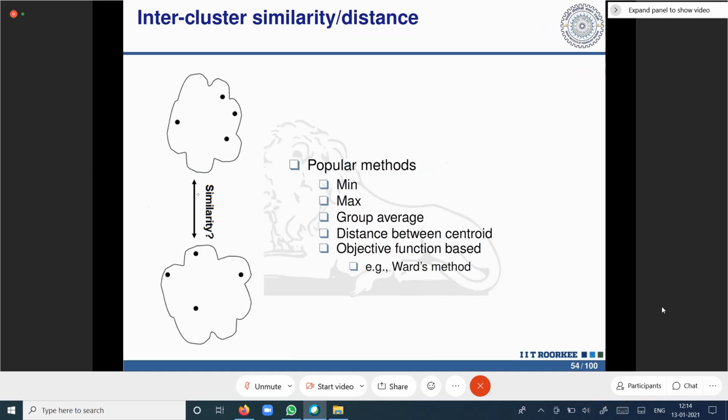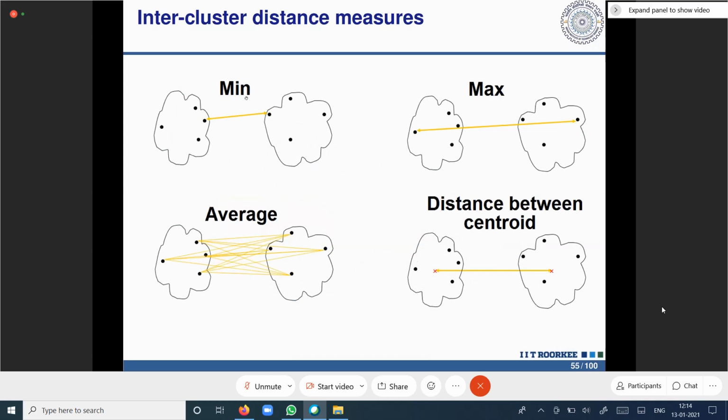So let's say you have these two clusters. This cluster has 4 points, and this has again 4 points. How do we define similarity or distance between them? There are some methods that have been proposed. The popular ones are min distance, max distance, group average, distance between centroids, or objective function based methods, such as Ward's method.